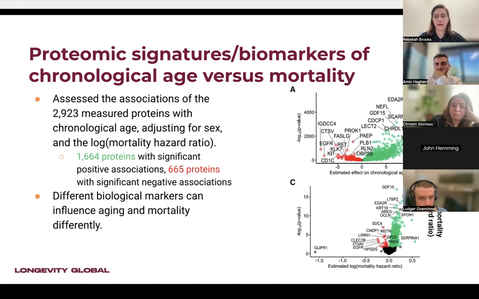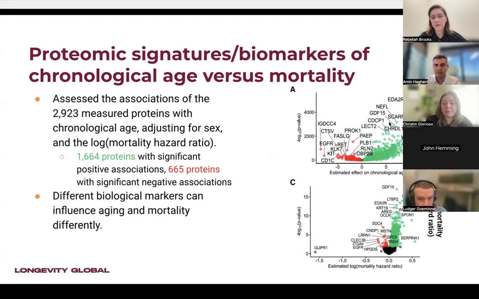The paper then digs into what proteins were drivers of this. From about 3,000 proteins that were measured, 1,664 were significantly positively associated and 665 were negatively associated.